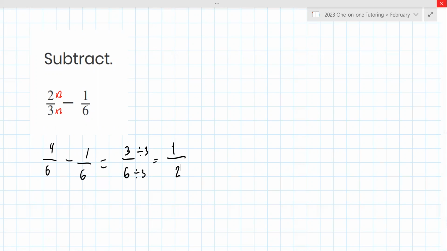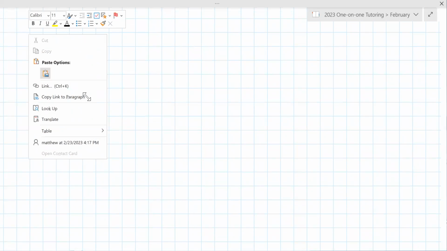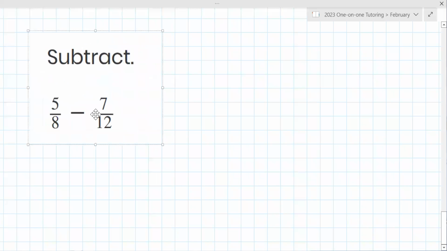Okay, so here is a new problem for us to look at. Subtract 5/8 minus 7 over 12. The denominators are different, and 8 doesn't go into 12.